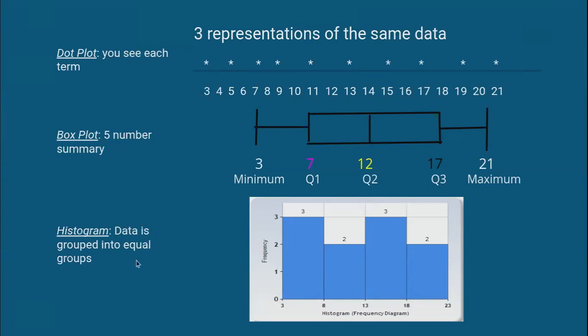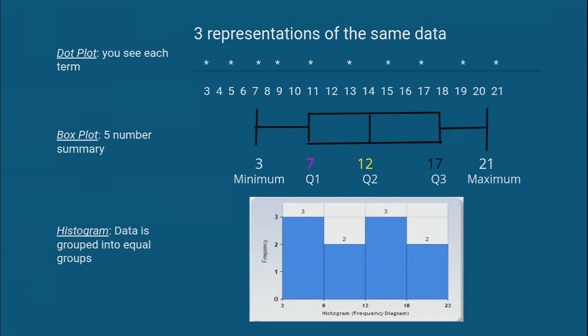So we see here that between 3 and 7, because remember 8 gets counted in the second bar, we know that in our data set we have 3 terms. Now, we don't know what those 3 terms are. We just know that there are 3 of them.